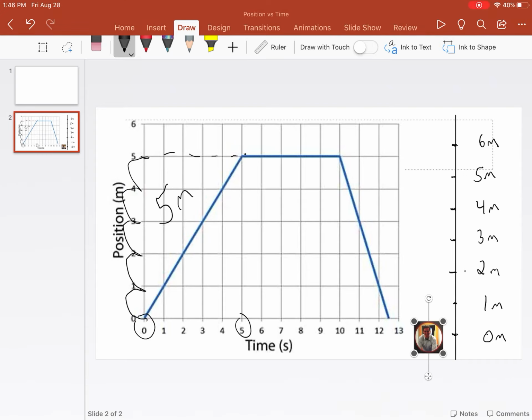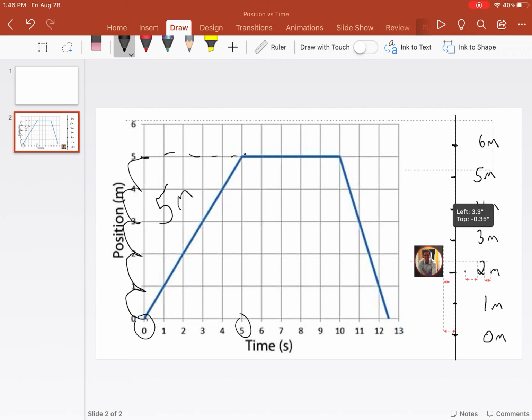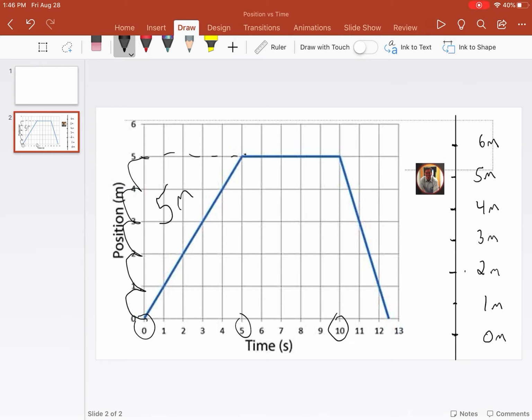I said during that time I was walking to meet my wife, so I walked forward 5 meters there. During this portion, 5 seconds to 10 seconds, or here to here, I didn't walk anywhere. I stayed right at 5 meters the whole entire time. So I didn't go anywhere, so that's nothing. That's 0 meters. I didn't travel anywhere. So far I've walked 5 meters. I walked 5 meters, then I stopped for a little bit.